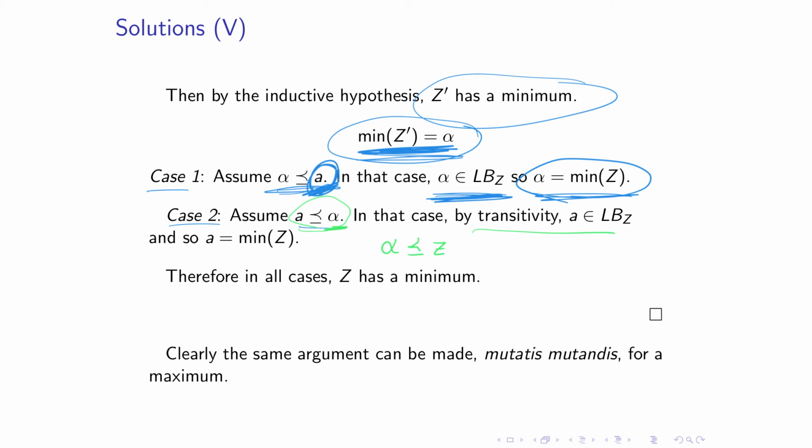So if Z here was any choice of any element out of Z prime, we know because alpha is the minimum of Z prime, then alpha precedes that Z. Well, in this case, since A precedes alpha, then by transitivity, A precedes Z. And so that means that A precedes everything in Z prime, right? That's effectively what this gets us.